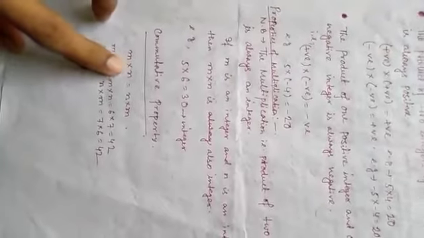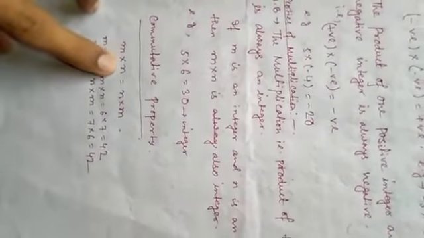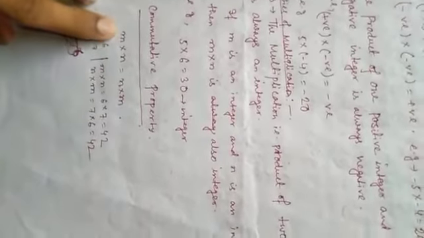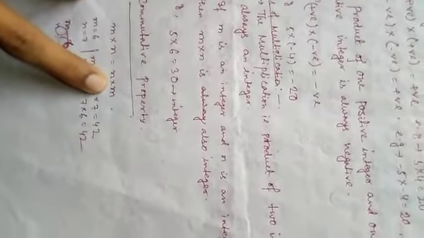And now we will study about commutative property, the commutative property of multiplication of integers. According to this property, if m and n are two integers, then the product m into n and the product n into m will give the same value. That means m into n is equal to n into m.